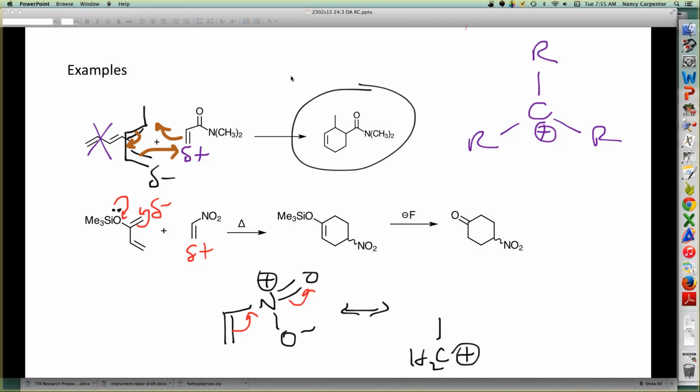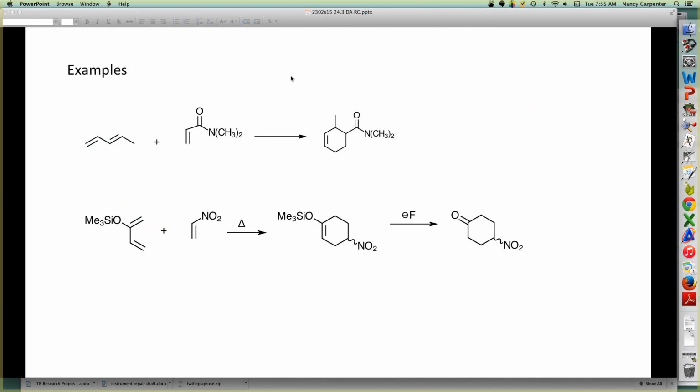So it's positive charge on that terminal carbon, and then I've gotten a negative charge out onto the oxygen where it's relatively happy. So clean this up a little bit. What do we have? We have NO2.